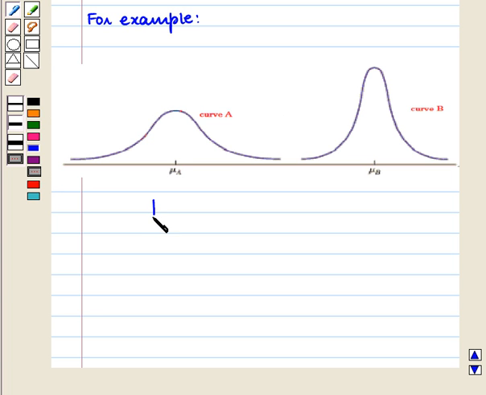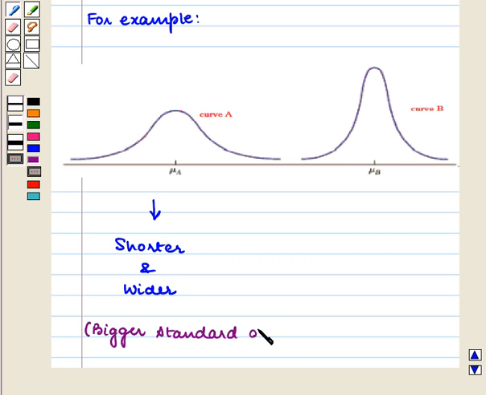We can see here that curve A is shorter and wider than curve B. This is because curve A has a bigger standard deviation than curve B and a wider spread.